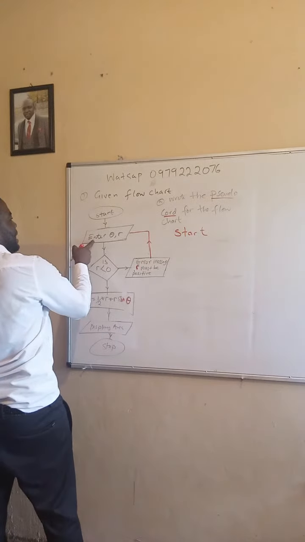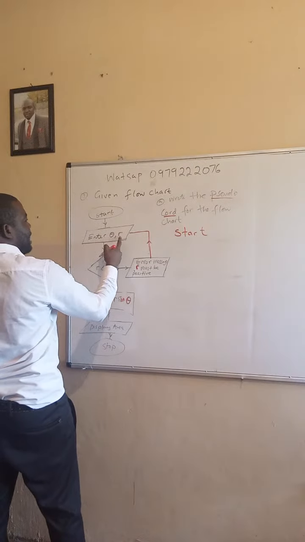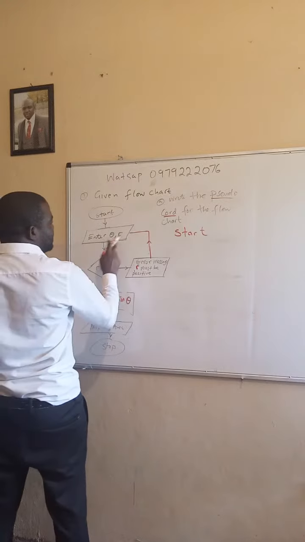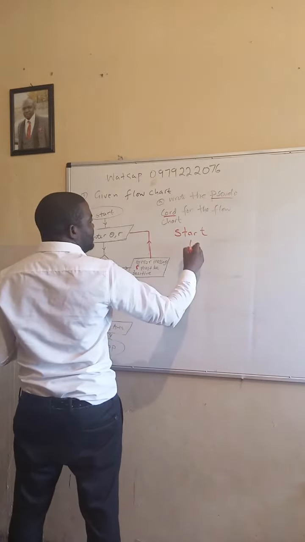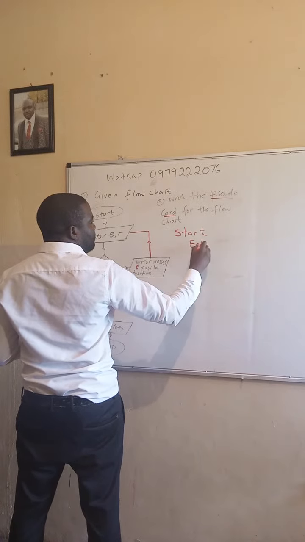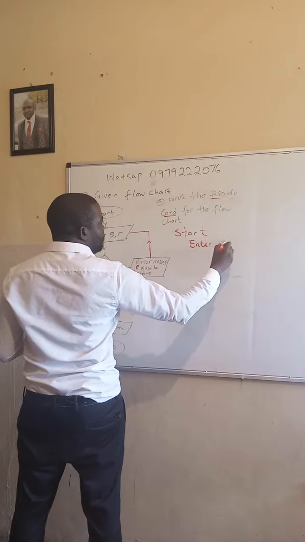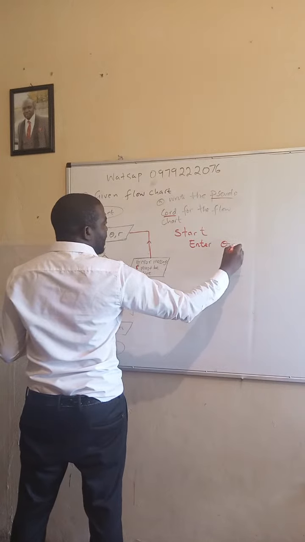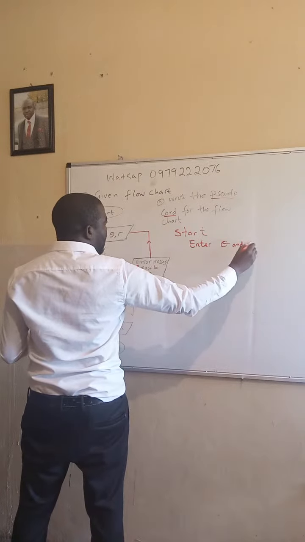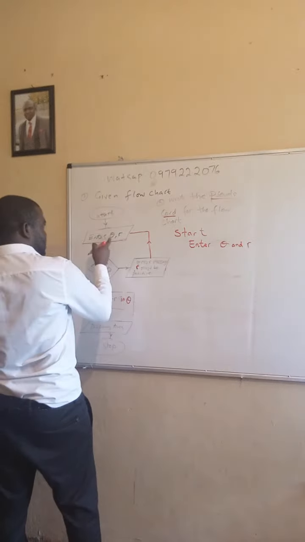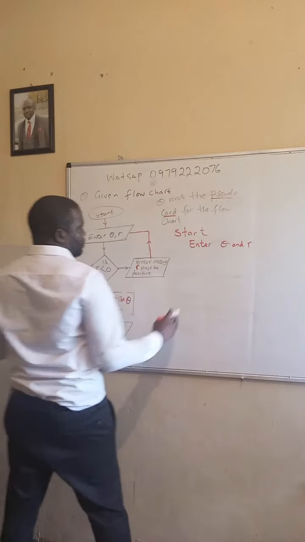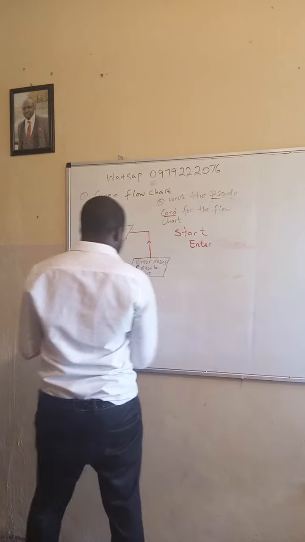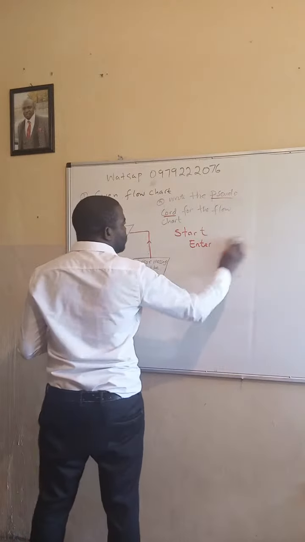The next command is enter theta and r. We already know that r is the radius and theta is an angle. So we say enter theta and r. We're writing what is there. Actually, since it's a set of instructions, we use words.